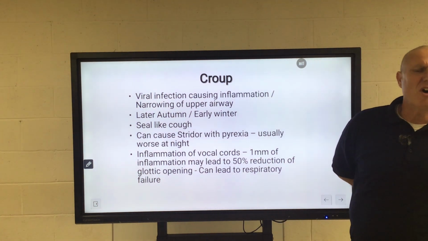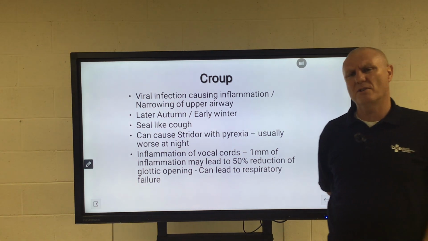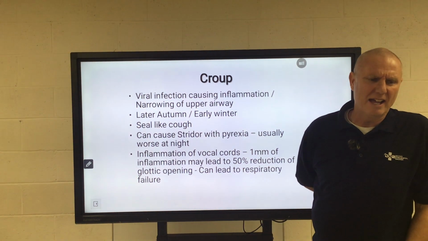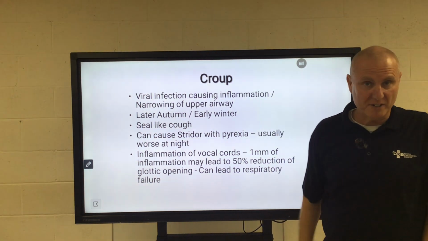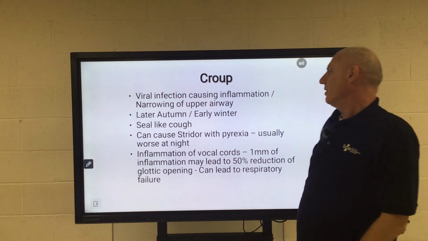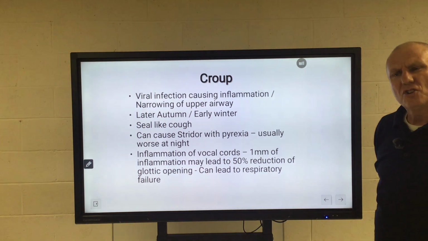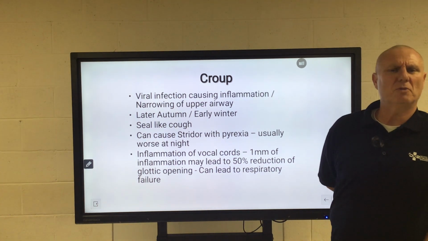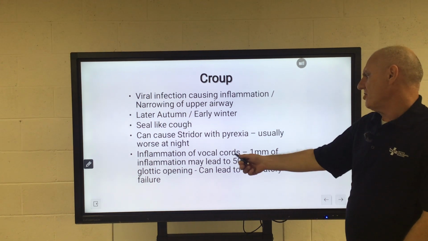Typically your autumn stuff from August onwards to December, January, you can see this. Certain years it comes along a little earlier, like this year there was quite a bit of it in the late summer. Late autumn, early winter, seal-like cough can cause stridor with a huge temperature, usually worse at night. Normally kicks off pretty bad after midnight, between midnight and about 4 or 5 a.m. Can cause inflammation of the vocal cords.